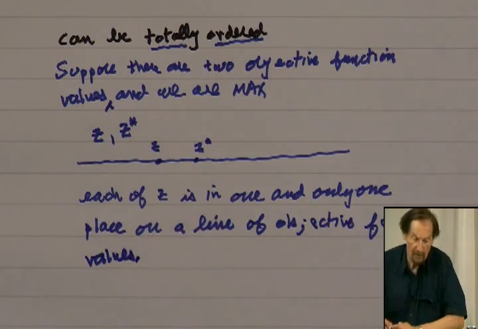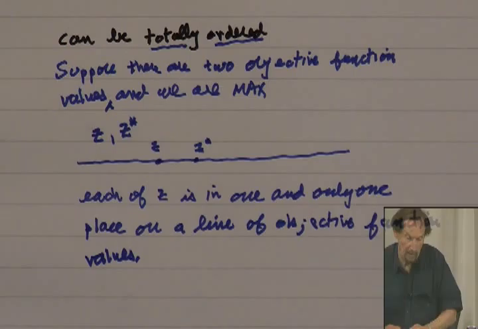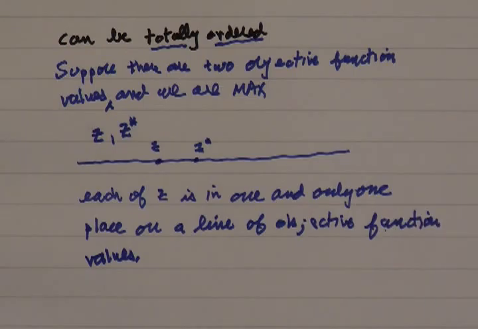So whereas you may have a number of optimal solutions, you only have one optimal objective function value.